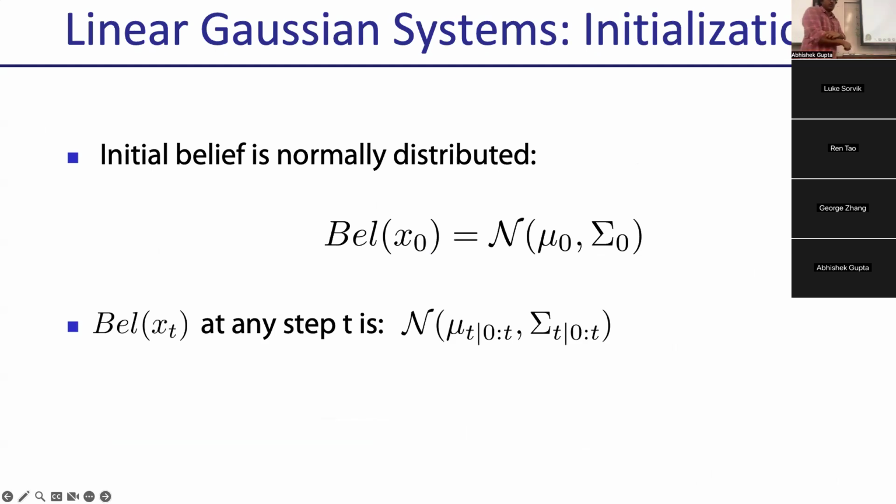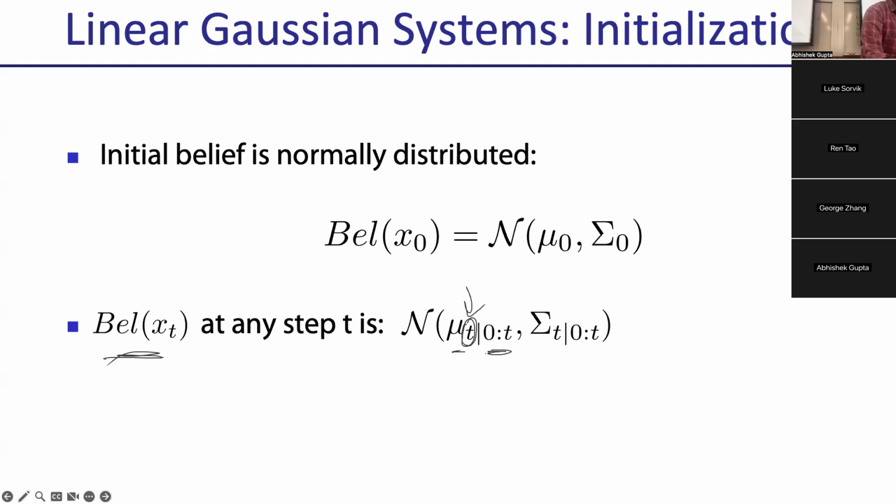The notation I'm going to use is a little bit weird. Your belief at any step is mu t given 0 to t. The thing on the left of the bar is the thing that you're trying to model, and 0 to t is the evidence.